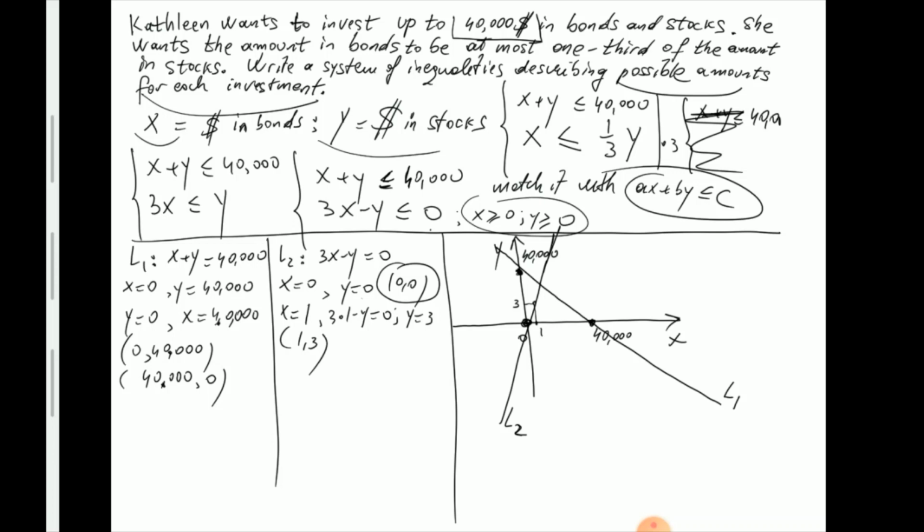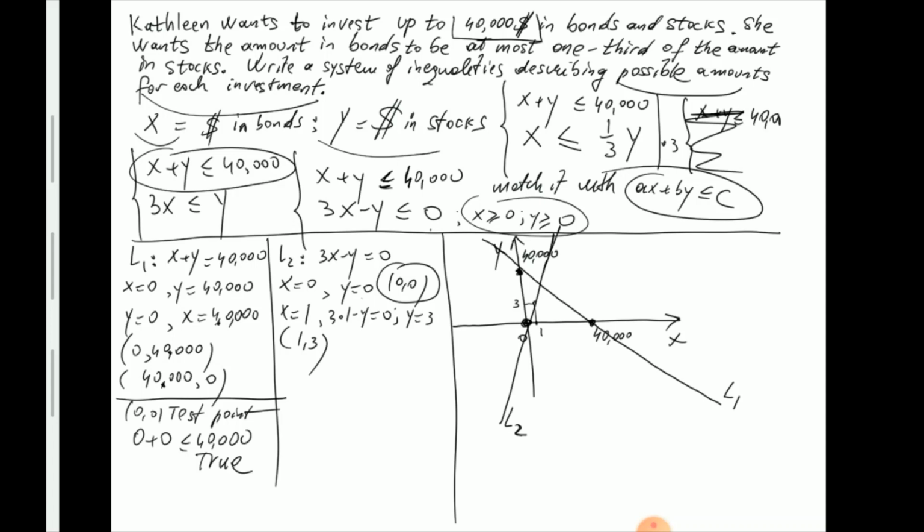Okay, so what are the two regions that will have to intersect? Well, just like before, for line 1, we can pick 0, 0 as a test point. Right, plug in 0, 0 into the inequality. That's going to be 0 plus 0, which indeed is less than 40,000, so that's true.